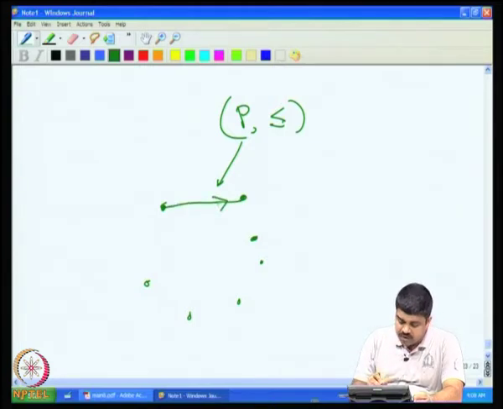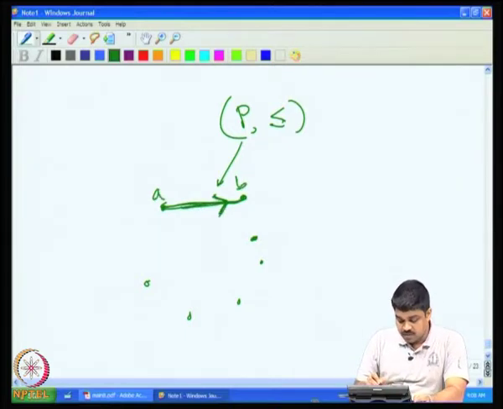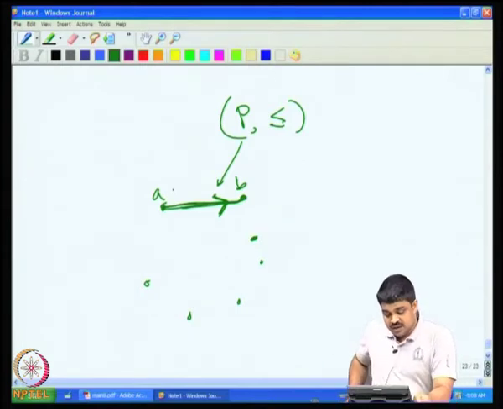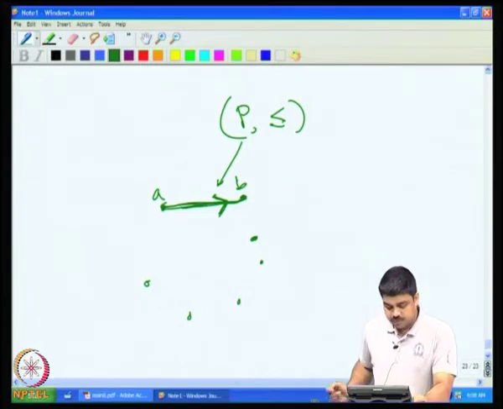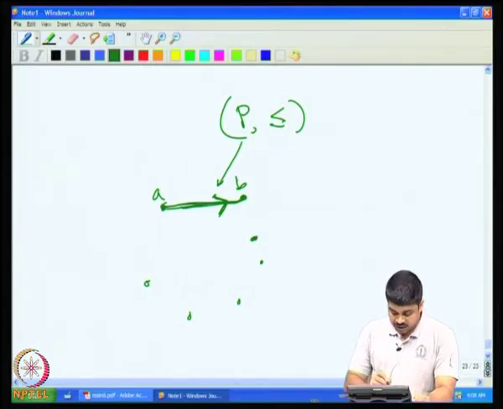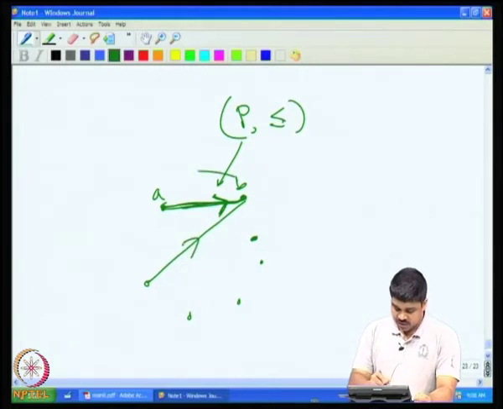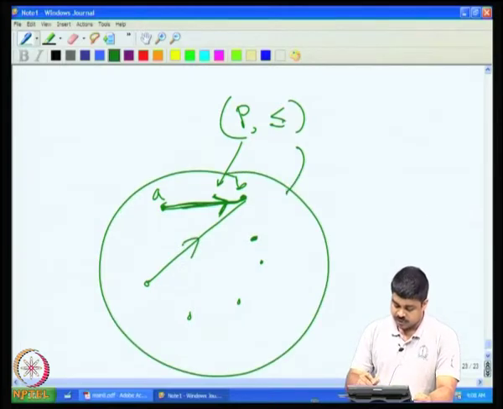There won't be a conflict, you will have only one direction because of the antisymmetry. If A is related to B, then B won't be related to A. So, we can draw a directed graph such that between any pair there is only one direction. So, we will get a directed graph from the partial order that way.